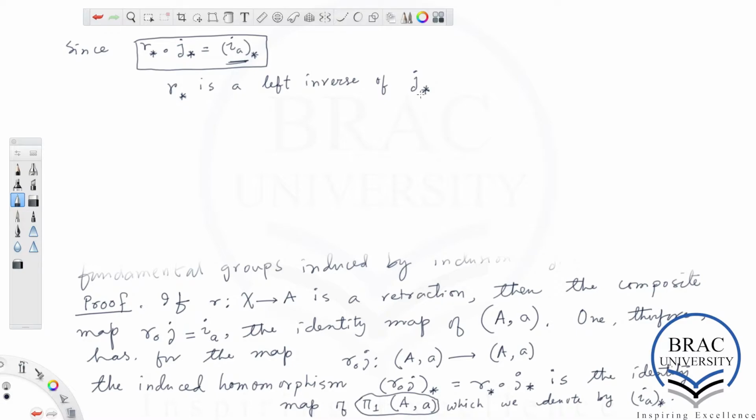And since J star has a left inverse, it must be injective.